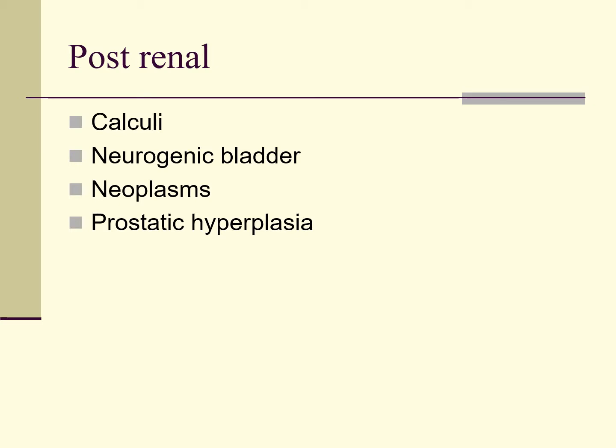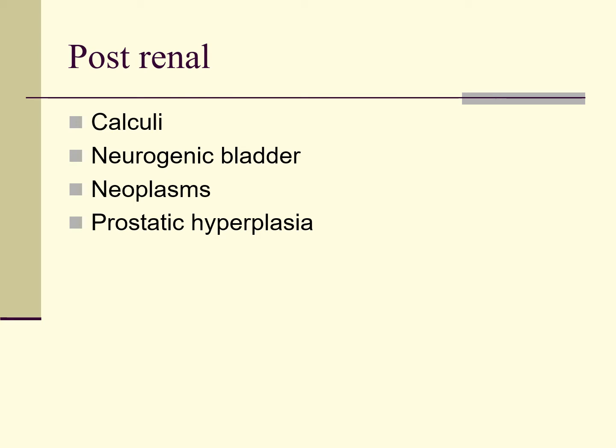Our post-renals. Post-renals, again, are any blockages past the renal pelvis into the collecting system, post-kidney. So these can be calculi. This can be like a neurogenic bladder, meaning the bladder is just not functioning, it's overfilling and not emptying, so the backup moves up into the kidneys themselves, and the extra pressure then damages the kidney tissue.